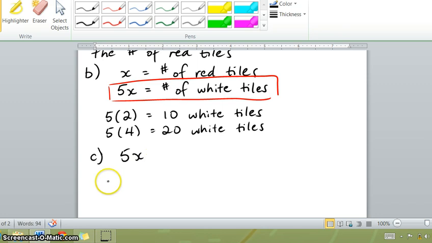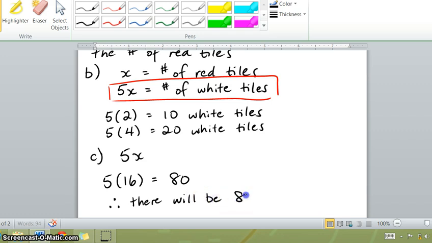So the question is saying that there are going to be 16 red tiles, so we substitute 16 for x, because remember x equals the number of red tiles, and we get 80. So therefore, there will be 80 white tiles.